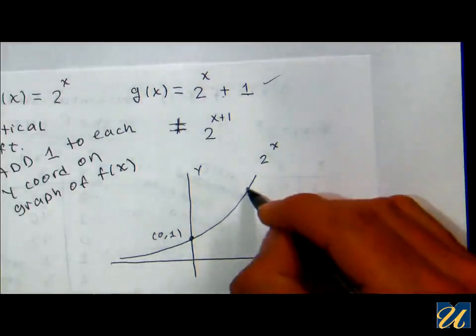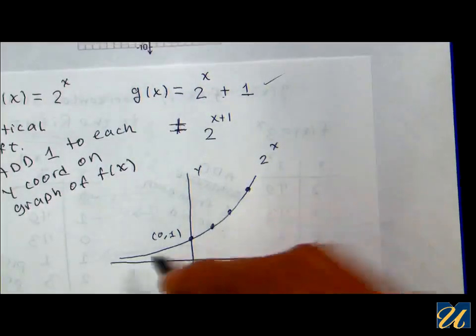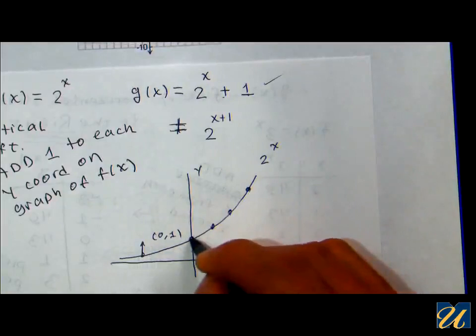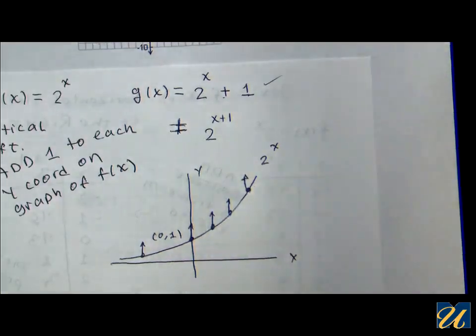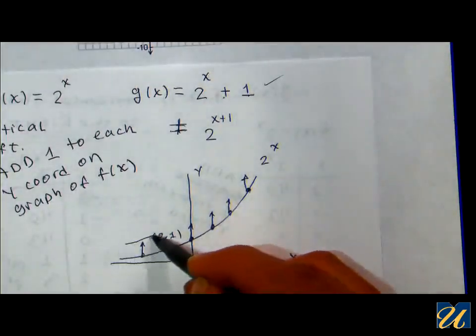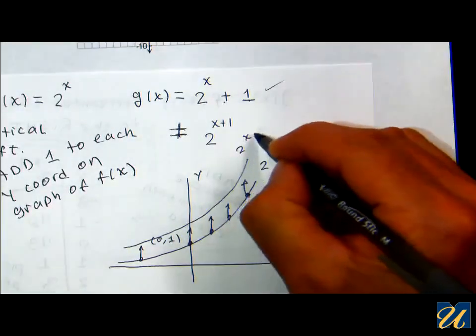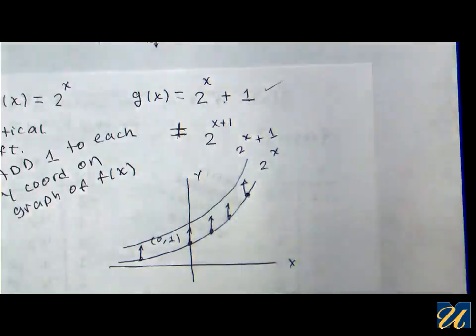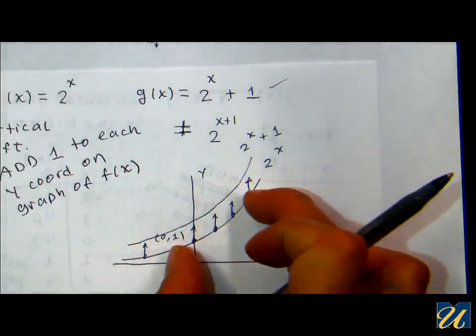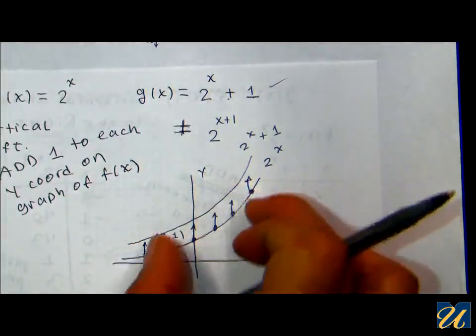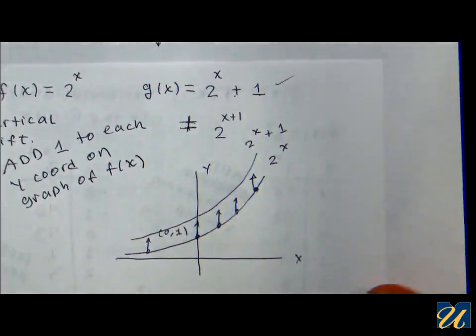So every point that's on the graph of 2 to the x goes up, vertically up, by 1 unit, because we are adding 1 to the y coordinate, and we will then get the graph of 2 to the power x plus 1. And yeah, you know we lifted it up, but if you slide it, it almost looks the same as if you lifted it. So it is a bit tricky.